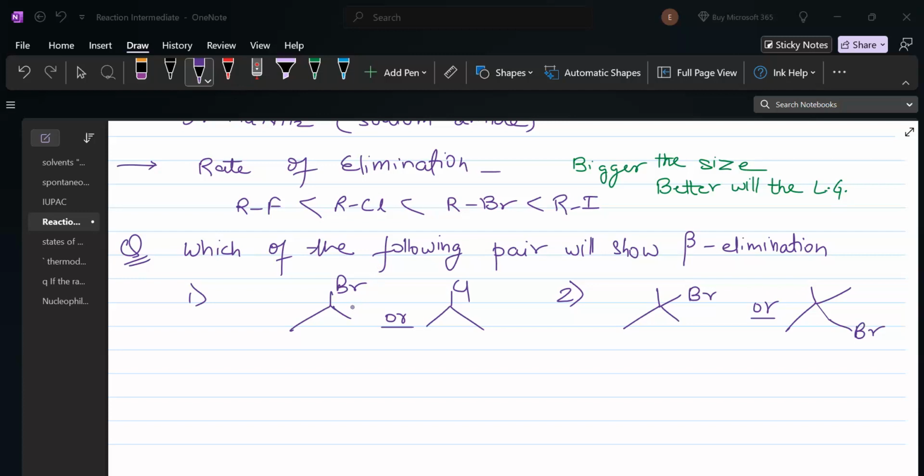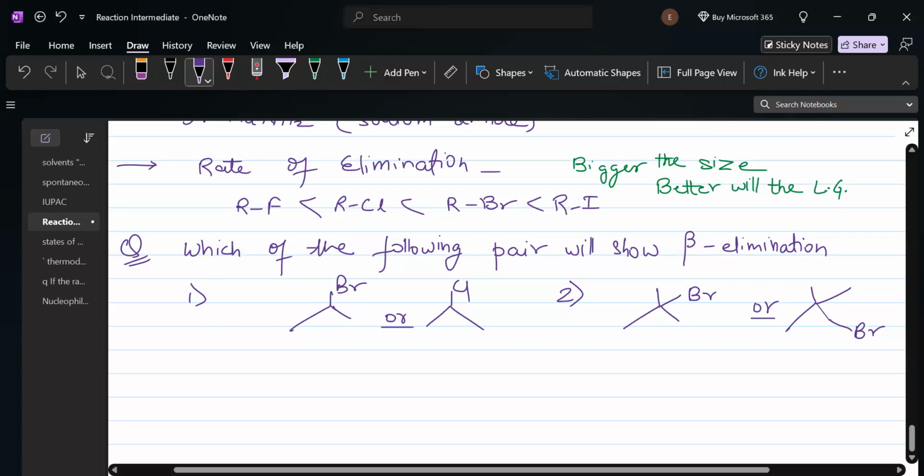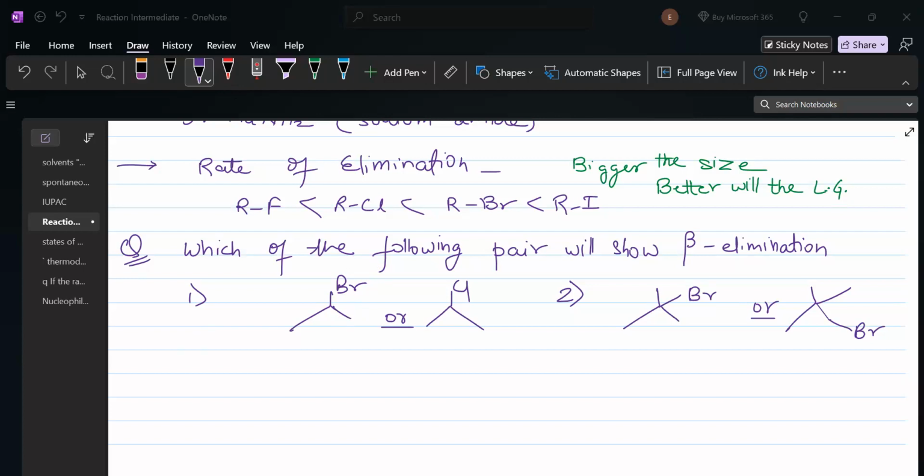Yes, sir. Just below it, identify the alpha carbon and beta carbon. Then proceed with the question. First write the alpha carbon and beta carbon, then it will be very easy for you.